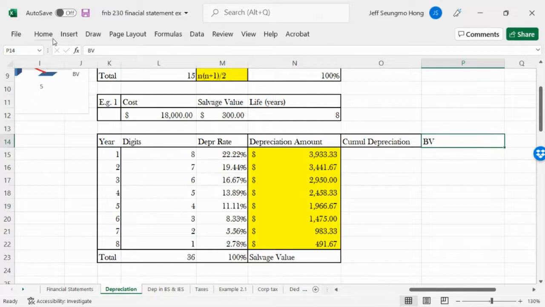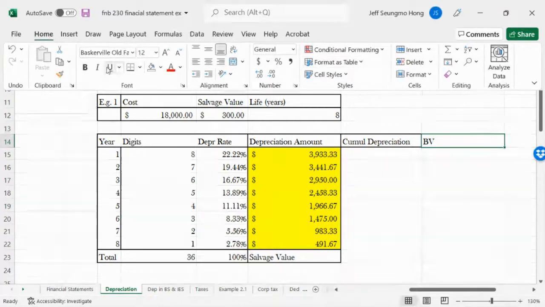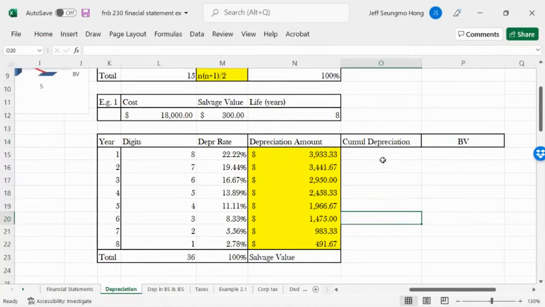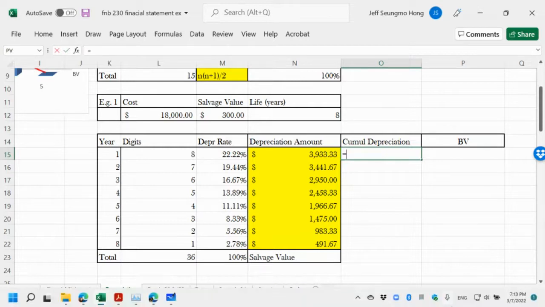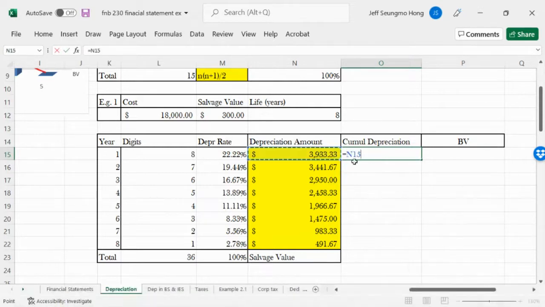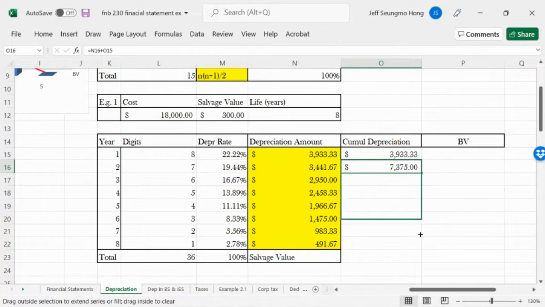Of course, accumulated depreciation in year one is just itself. In year two, it is this time this plus whatever was above it.